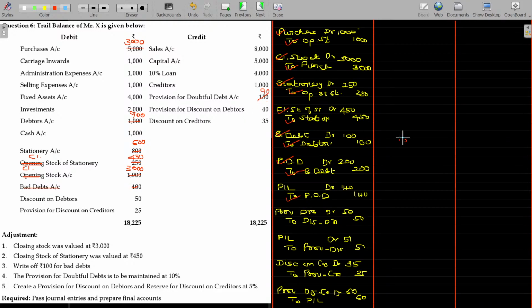So 150 in the credit side and 200 rupees in the debit side means it should be subtracted, and another 140 in the credit side should be added. So by adding and subtracting these three items, you will get the ultimate provision for doubtful debts being 90. Am I right? Are you getting this?